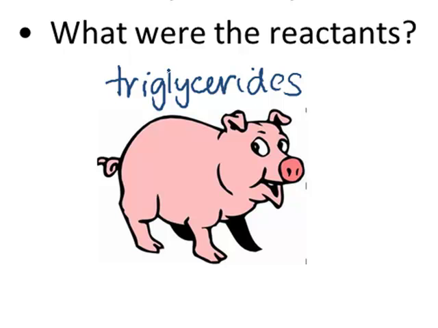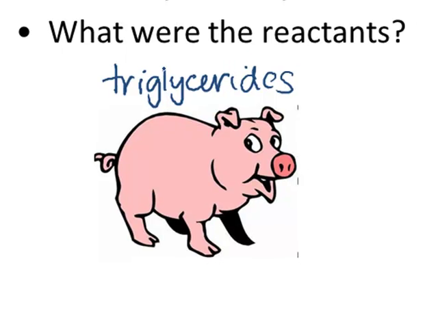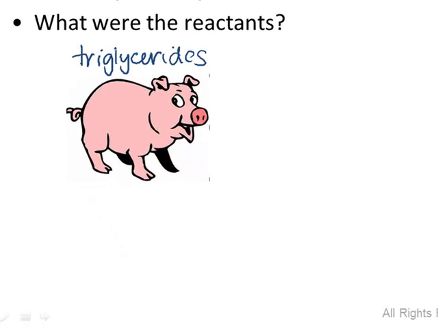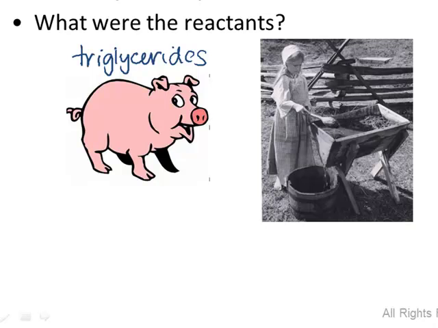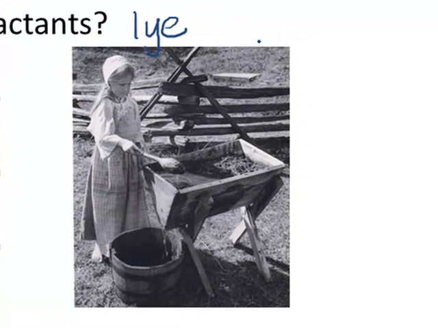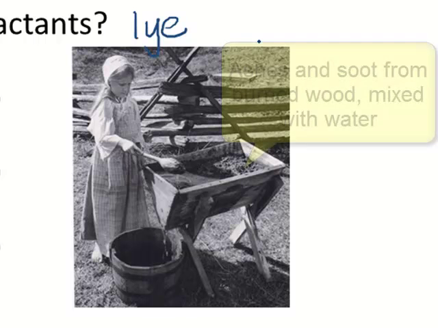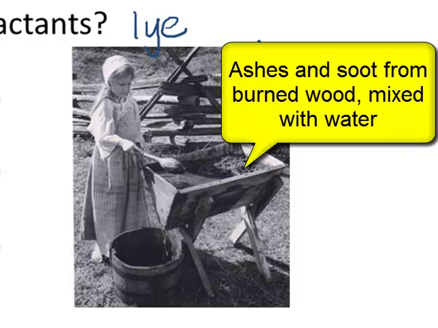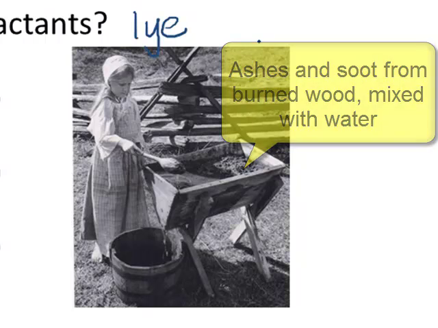The other thing that you need to do a saponification reaction is water and the presence of a base catalyst. This came from what's called lye. Lye is essentially sodium hydroxide, but it's usually derived from not the neatest and cleanest sources. And in the case of historical saponification, it was usually achieved by mixing wood ash with water and heating it.